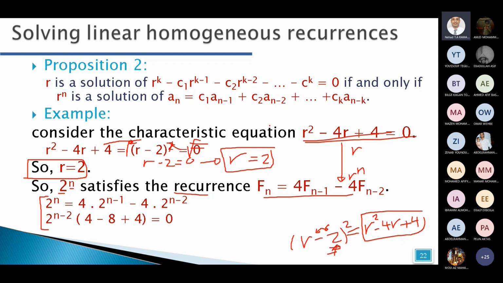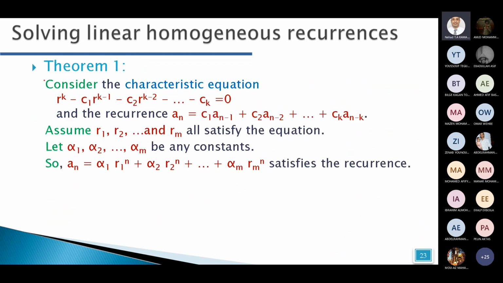Let's move to the next one, which is Theorem 1. Theorem 1 says like this. Actually, it's applied when we have two solutions. So when in the characteristic equation we have R1, R2, we apply this one. Also, if we have R3, we can apply this one.